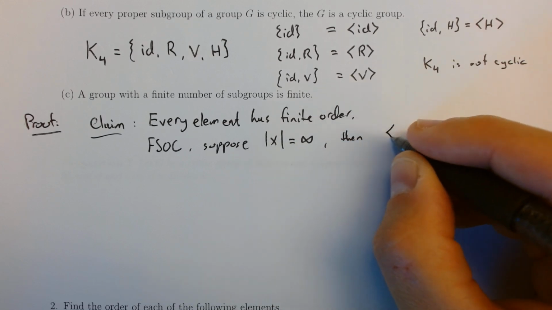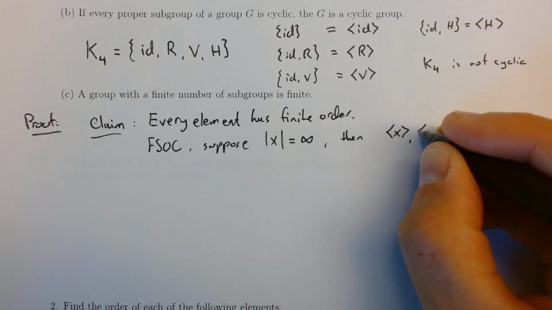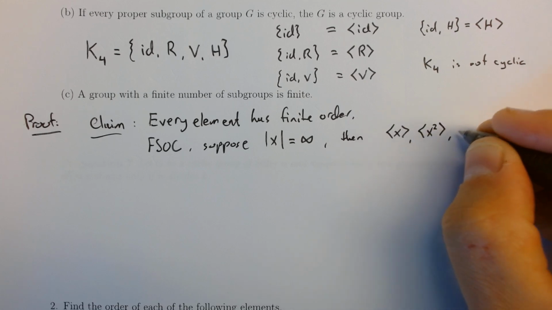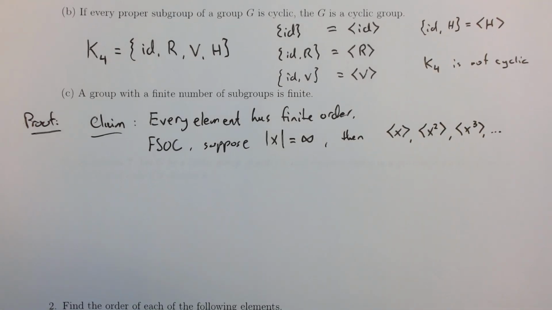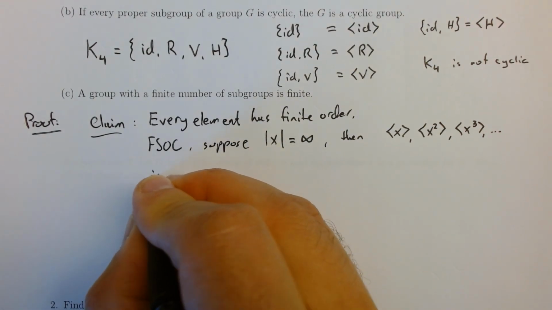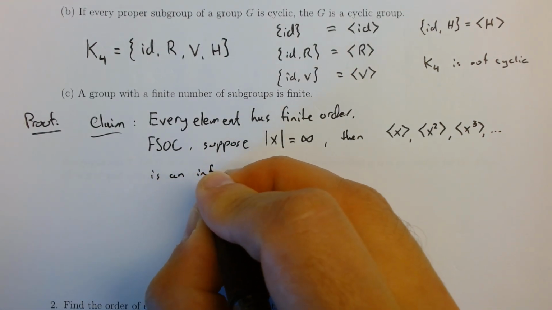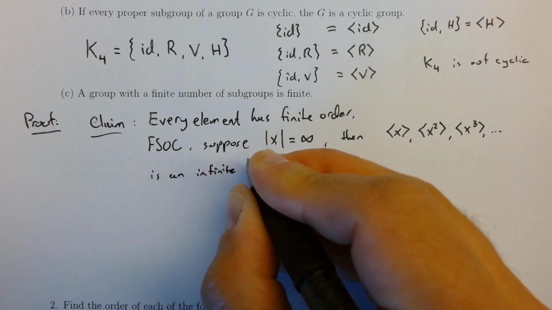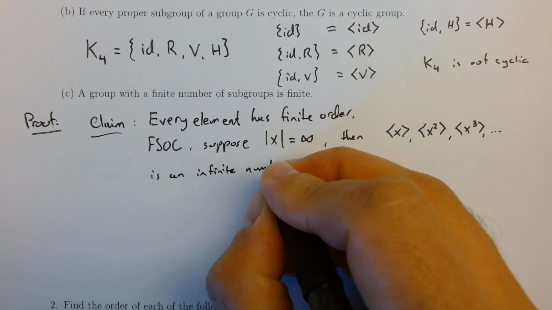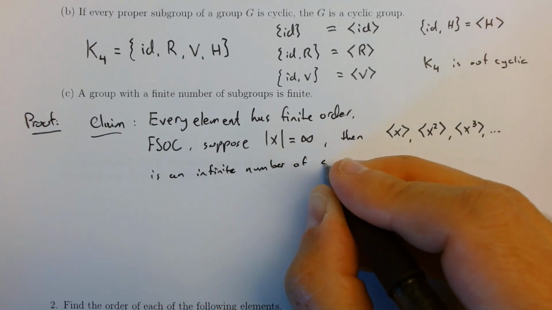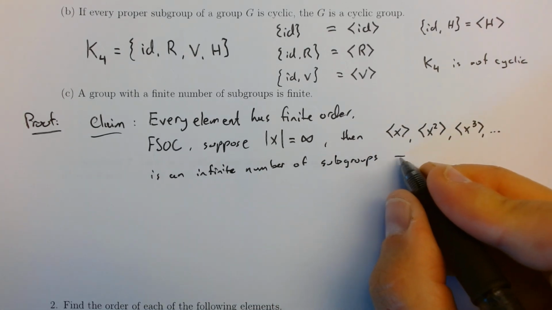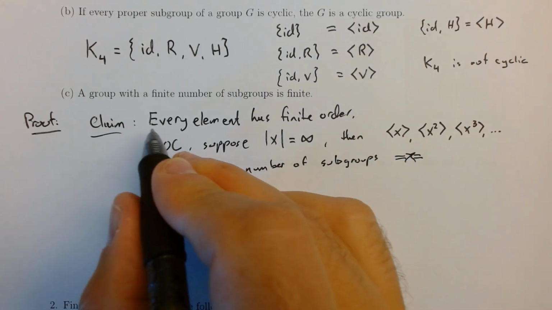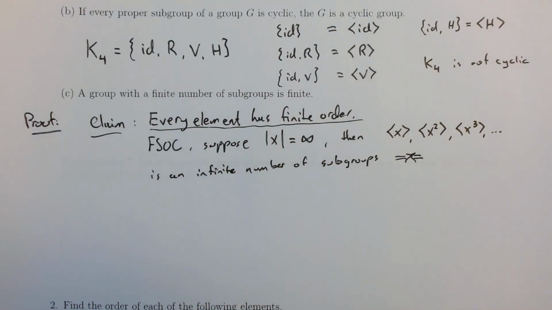Then the cyclic subgroup generated by x, by x squared, by x cubed, and so on, are all different subgroups, and there's an infinite number of them, which is our contradiction. So we do have this claim that every element does have finite order.